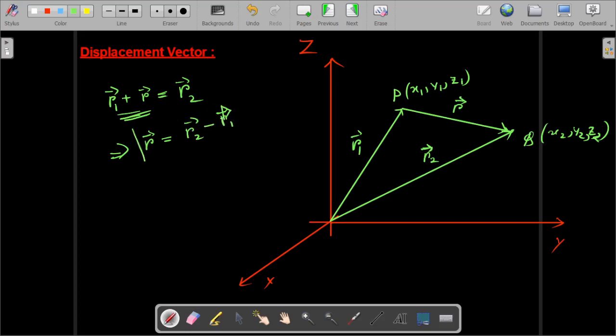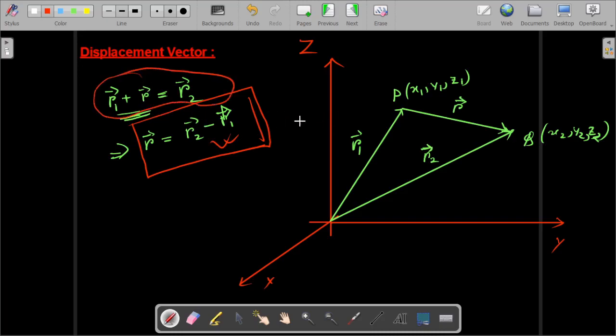In this way you can write a displacement vector in terms of the position vectors of the two given points. So this technique you have to use. What is the technique?